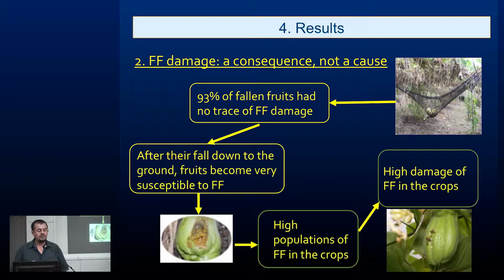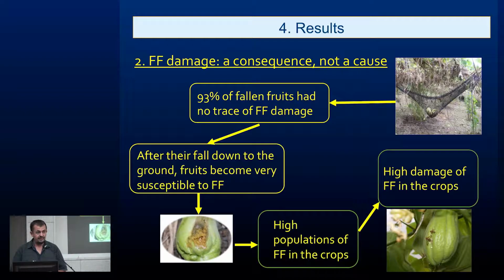So why so much damage from fruit flies? We implemented some nets under the trellis to collect the fruit which fall down, and the large majority, 93% of fallen fruit, didn't show any trace of fruit fly damage.